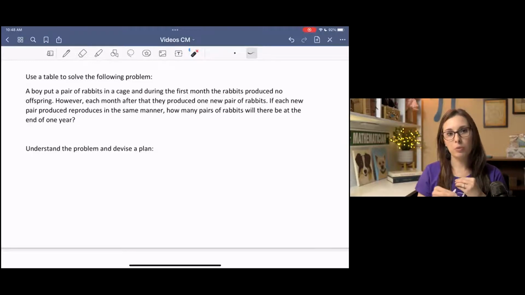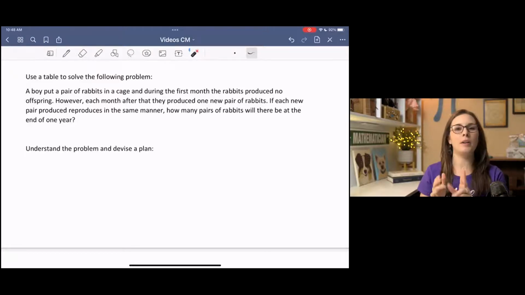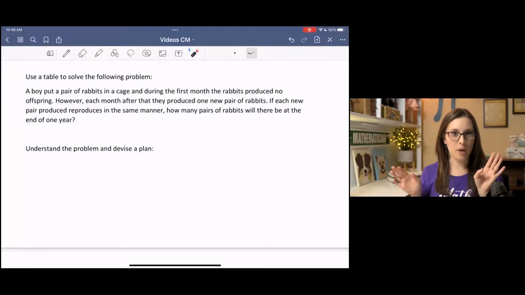Now go through the problem, read it again with a little bit more detail and analyzing. So a boy, irrelevant, put a pair of rabbits, one pair of rabbits. That's 2 rabbits, reproducing rabbits. And during the first month, so I've got a picture in my mind. I've got 2 rabbits in a cage, and in month 1, no babies.